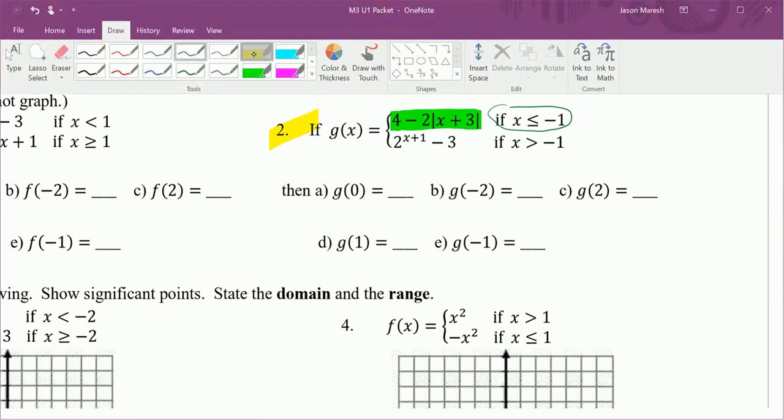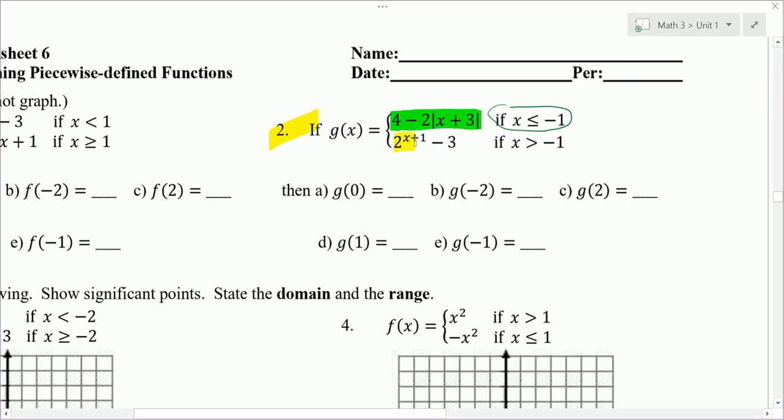And then the second piece is right below it, it's exponential, and we're only going to use that piece when x is greater than -1. And notice there's no overlap in your domain restrictions.